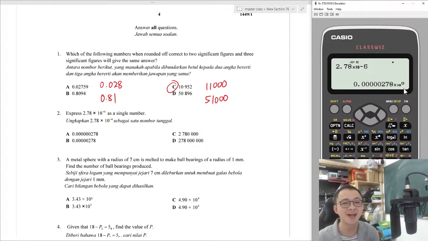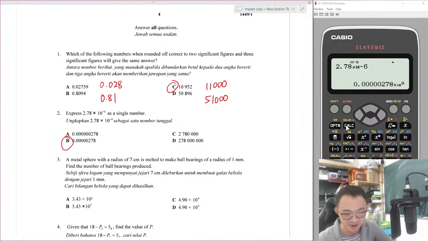Yeah, just because I'm blocking the calculator, you might not see the ENG button. But you have the calculator, you should know there's an ENG button just slightly above the 8 there. Okay, so let's see how many 0 we have. 2 4 6. 2 4. Answer is B, right?